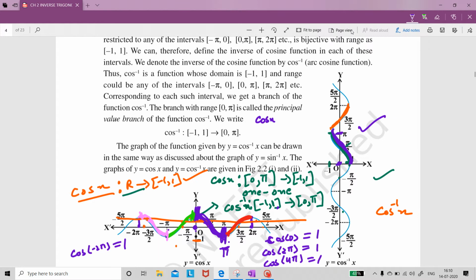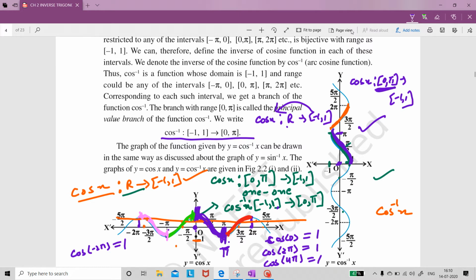Cos x was defined from R to minus 1 to 1, which is not one-one, therefore cos x was redefined from 0 to pi to minus 1 to 1, by restricting its domain.